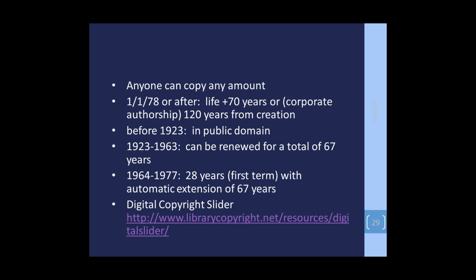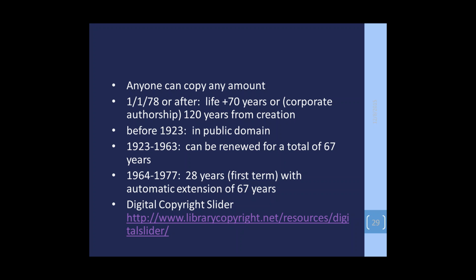Before 1923, pretty much anything published in the United States is in the public domain. From 1923 to 1963, things can be in the public domain, but they can also be renewed for another copyright protection period of 67 years.